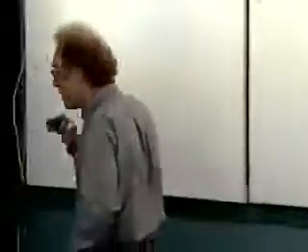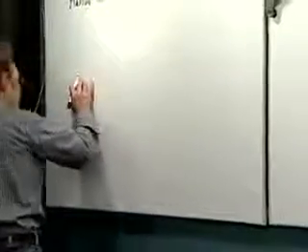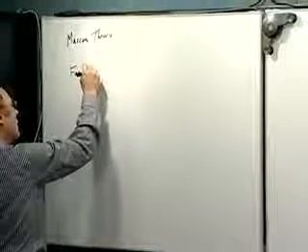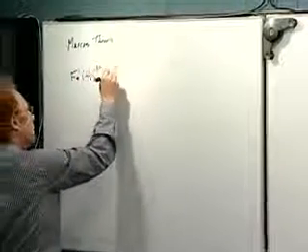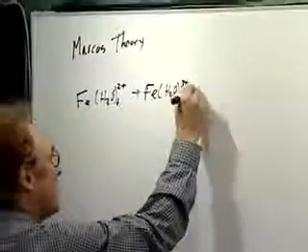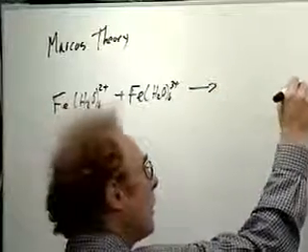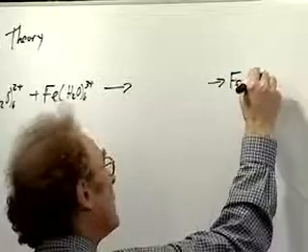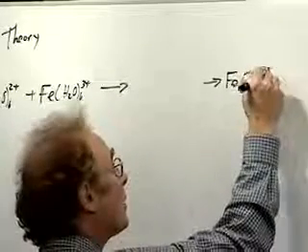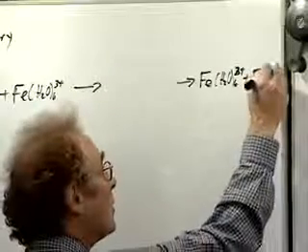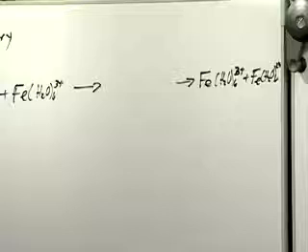Okay, so let us start and think about the simplest electron transfer reaction. The simplest electron transfer reaction we're going to think about is the ferrous-ferric aquo reaction, ultimately Fe(H2O)6 3+ plus Fe(H2O)6 2+.